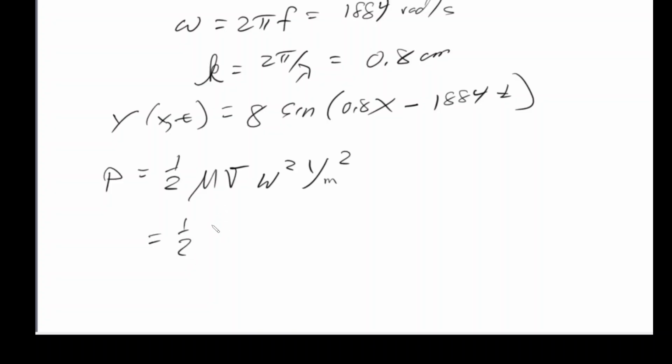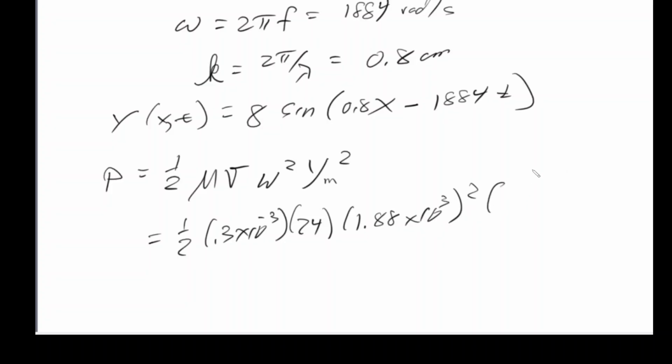It's 1/2 times the linear density, which is 0.3 times 10 to the minus 3 kilograms per meter, times speed is 24 meters per second, times angular frequency is 1.88 times 10 to the third squared, times amplitude, which is 0.08 meters squared. And if you go through the math, you get the average power comes out to be 80.6 watts.